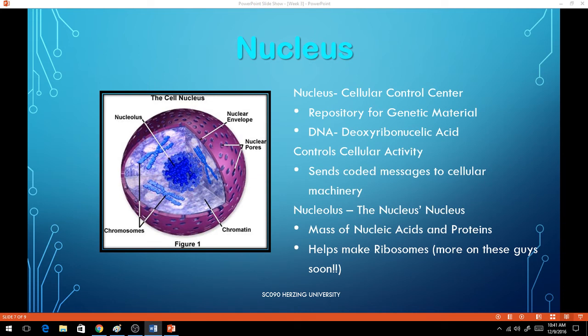First up, inside the cell, we have the boss. The nucleus can be considered the main office or the control room. It's the hub, it's the boss of the cell. The genetic material or the instructions, the blueprints of the cell, are held in safekeeping here. In humans, this specialized blueprint is called DNA, deoxyribonucleic acid.